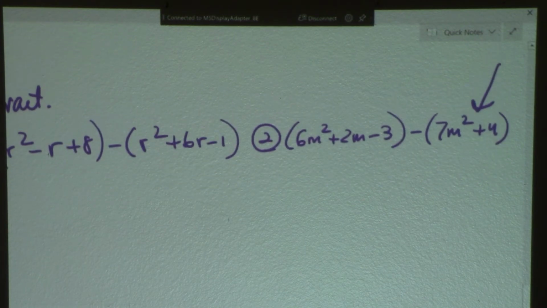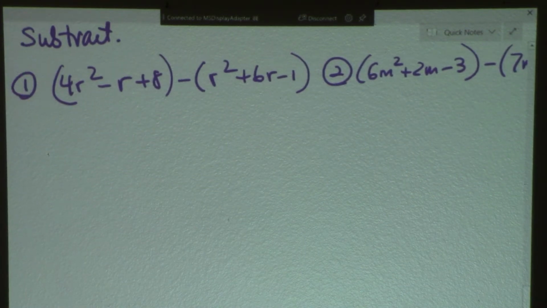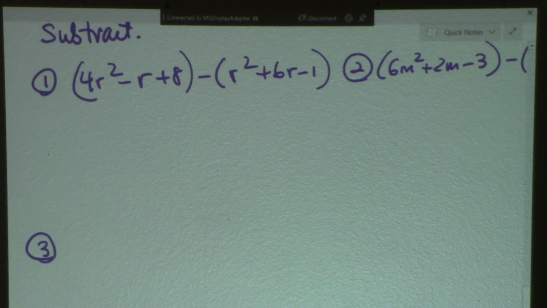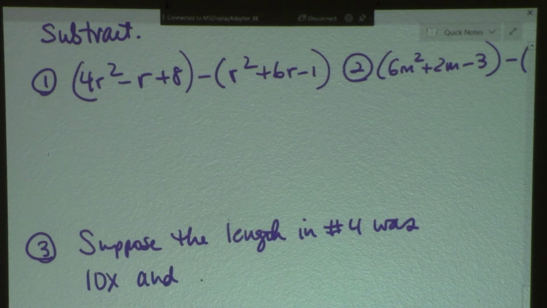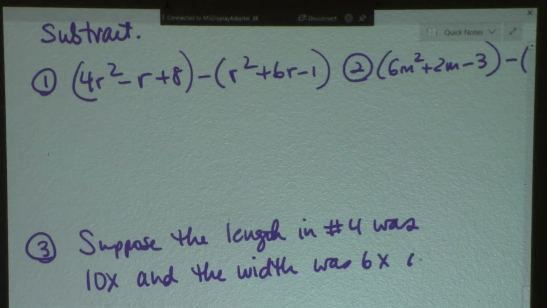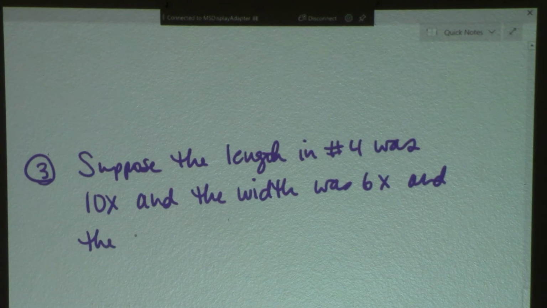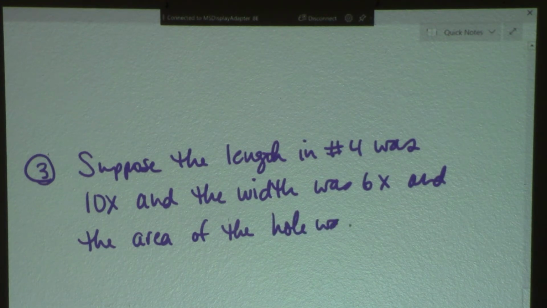Okay? And then the last one, number 3, suppose the length in number 4 was 10x and the width was 6x and the area of the hole was 4x squared minus 2x.